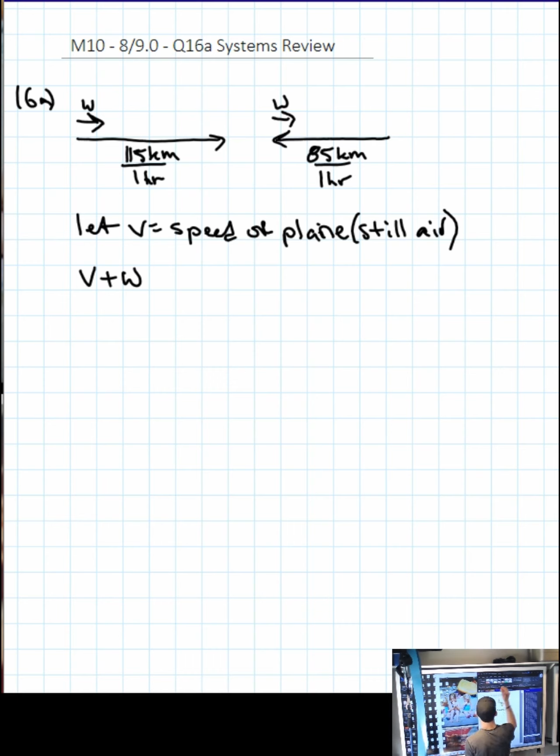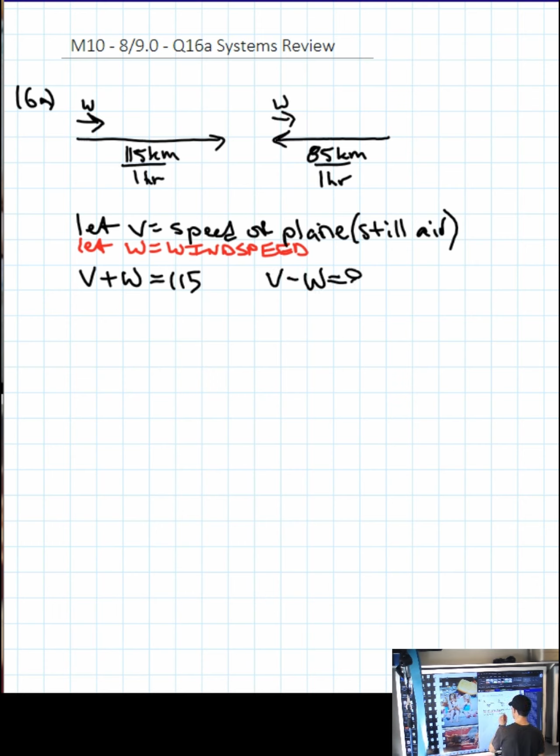So, excuse me, I'm going to have to let W equal wind speed. So V plus W will equal 115. And then the equation off to the right, when we're going against the wind, our speed will be the speed of the plane in still air minus W equals our speed 85.